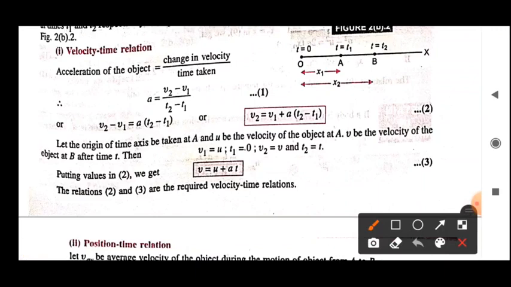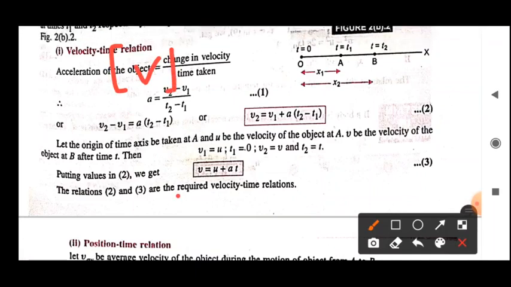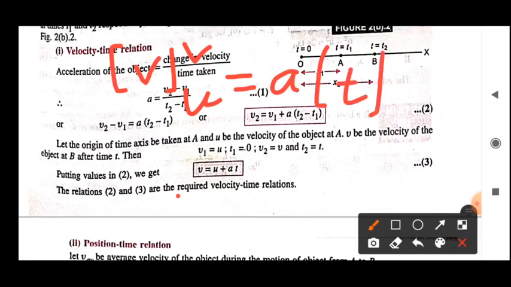On the first side, the integration of dv will be v, with limits from u to v. On the next side, A is constant, and after integration of dt it will be t, since 1 into dt can be written and that gives t, with limits from 0 to t.